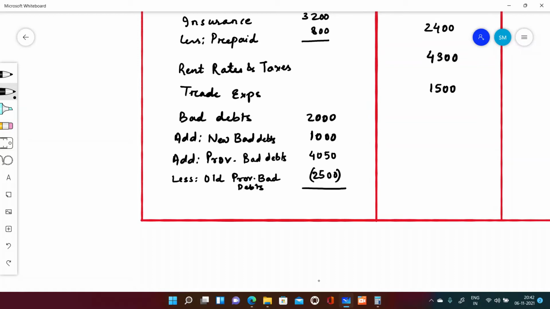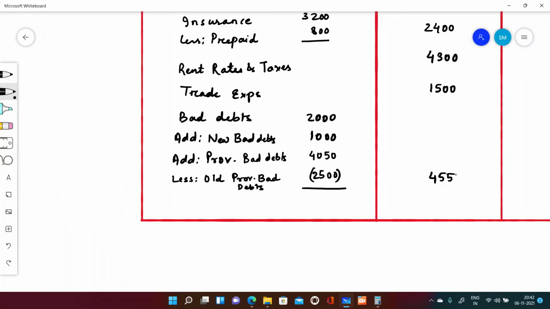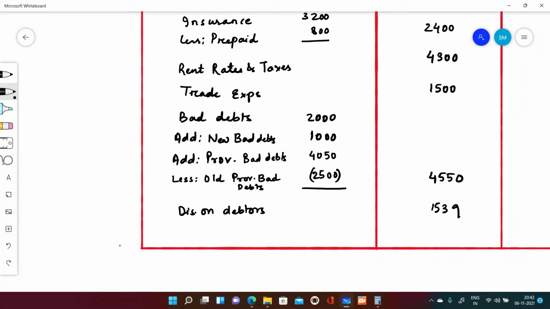So how much you are getting now? So this will be your 2000 plus 1000, 3000 plus 4050 minus 2500. So I am getting 4550. Okay. Then discount on debtors we have also calculated. So I will write it here, discount on debtors. So that is mine 1539 also I have calculated.